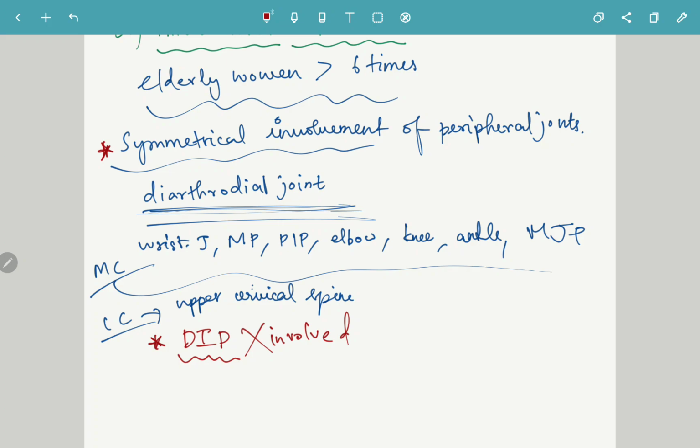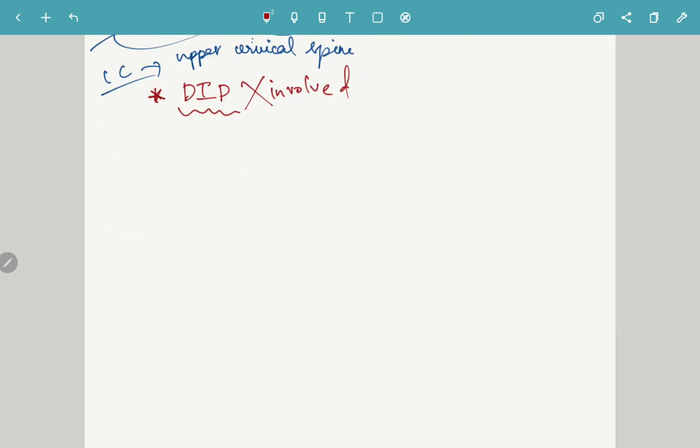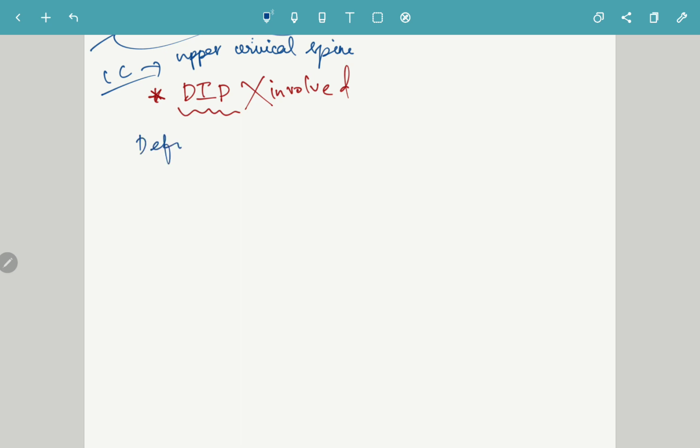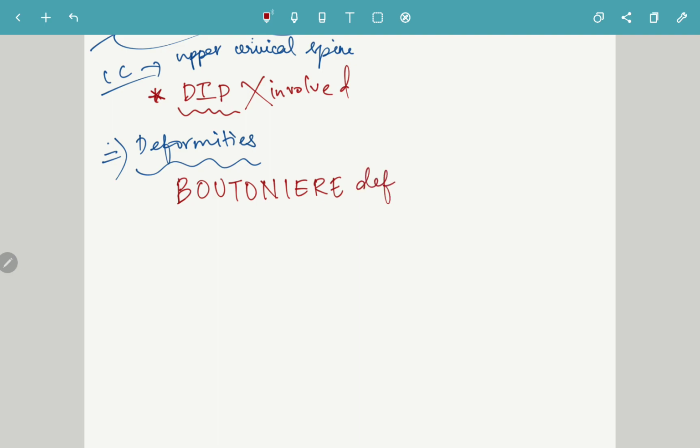So let's move on to certain deformities in rheumatoid arthritis. What are the deformities seen in rheumatoid arthritis? The first, more common deformity is known as the boutonniere deformity.